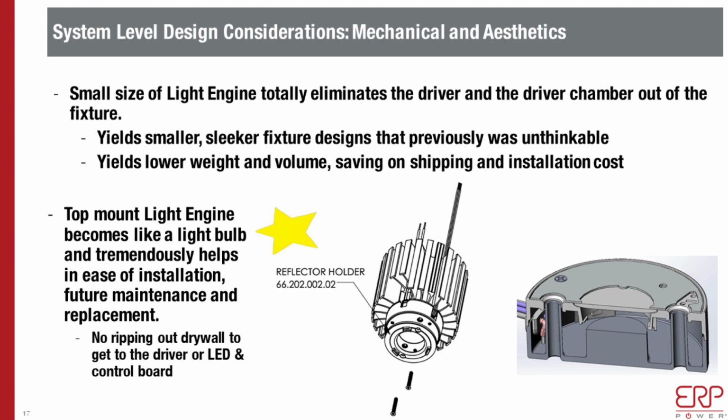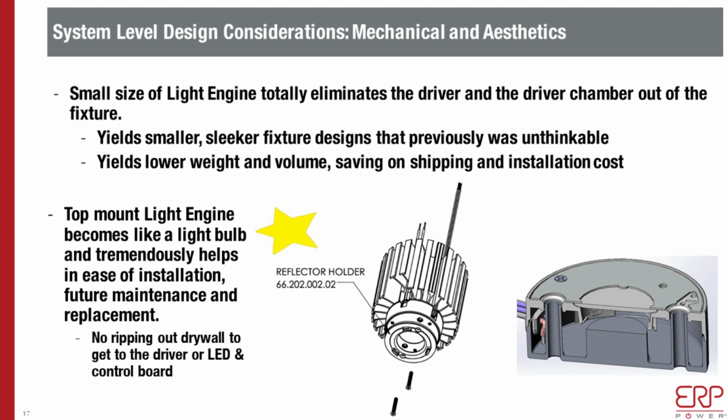Another point that we intentionally did on these ERP drivers is that they are top mount. So essentially this turns into a light bulb design. Notice on the picture on the right-hand side, those two screws that I'm showing in the cross-section. That basically gets connected to the heatsink.